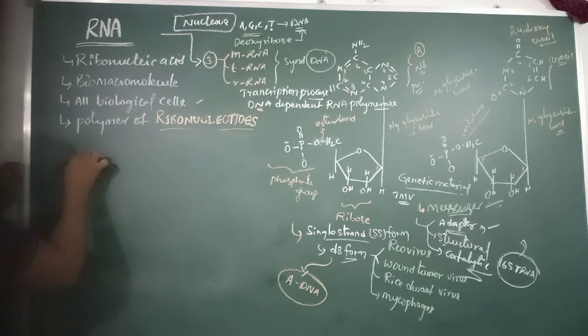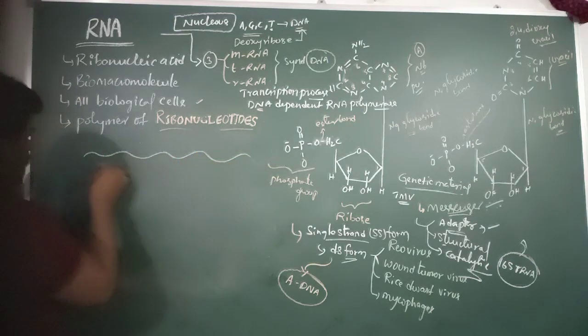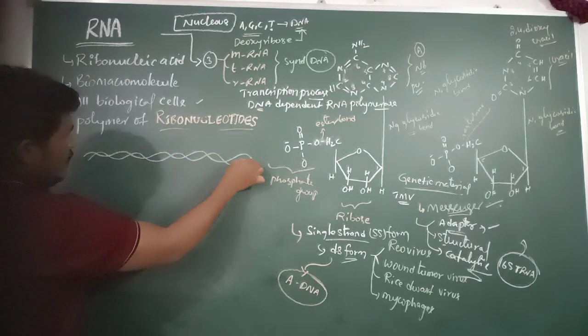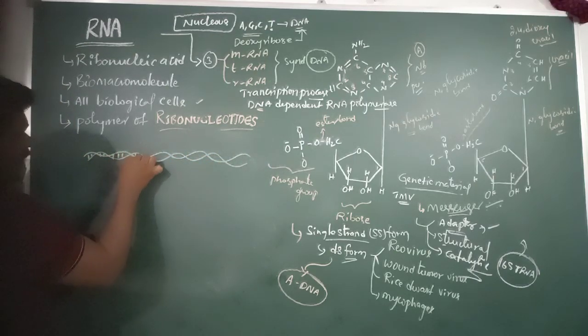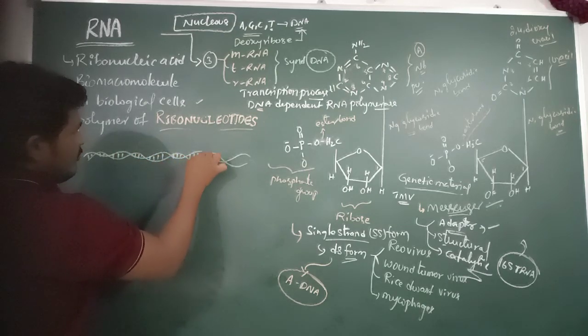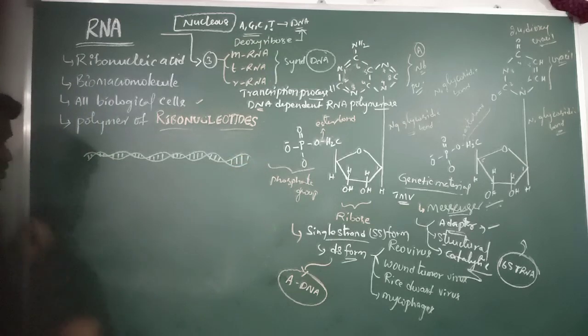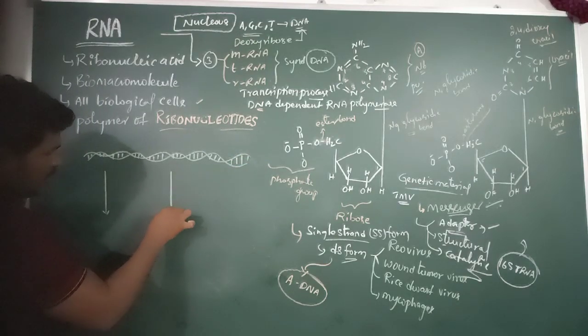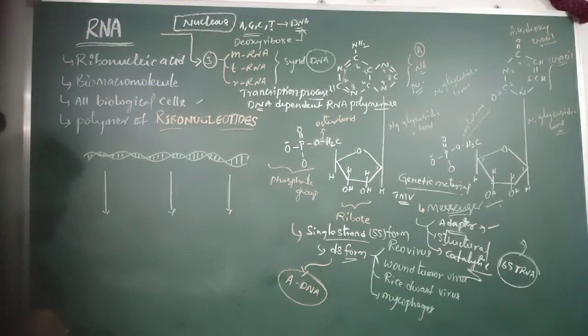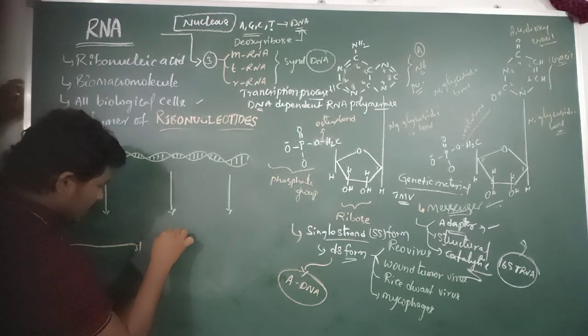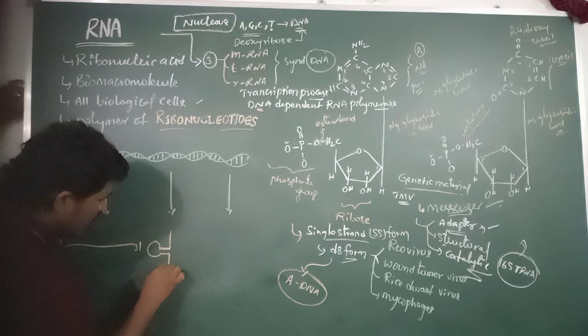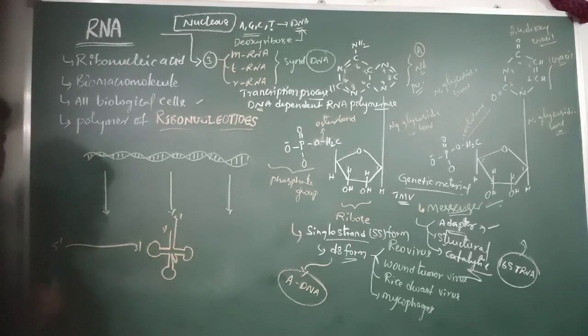So this is the DNA molecule, and one strand of the DNA molecule acts as template for the synthesis of RNA. By the transcription process three different types of RNA molecules are synthesized. They are the mRNA molecule, mostly existing in single-stranded form and appearing as a thread-like structure, and another RNA, the tRNA molecule, with 5' to 3' direction.